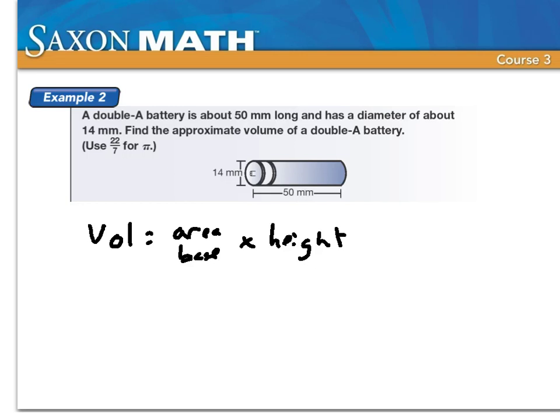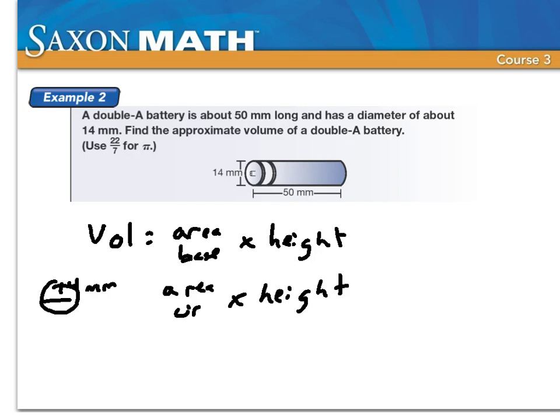My base in this case, this is a cylinder right here, and for a cylinder the base is always the circle. So we're going to find the area of the circle times the height. If I sketch the circular base here, it looks like this, and it says the diameter is 14 millimeters.